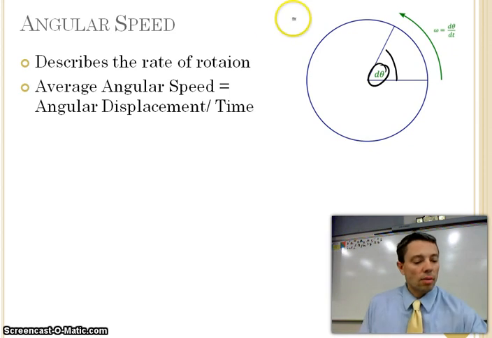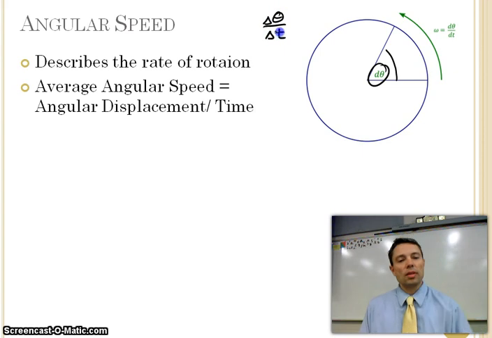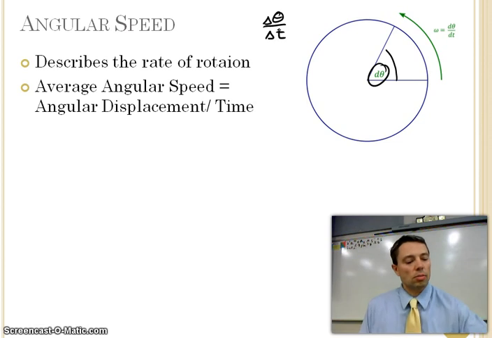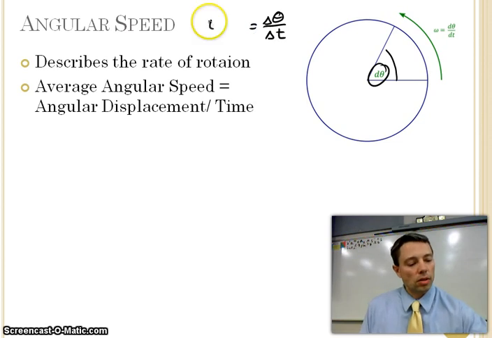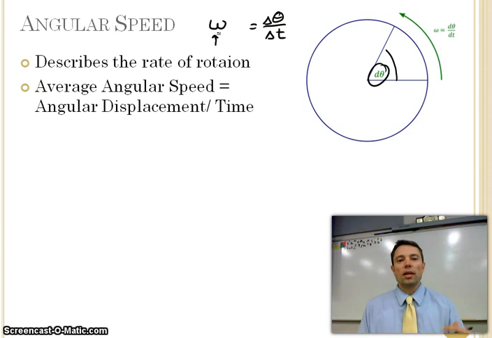So if I look at my change in my angle with respect to time, I have a rate of change. Let's define this, and this is now the Greek letter omega, as my angular velocity or angular speed.